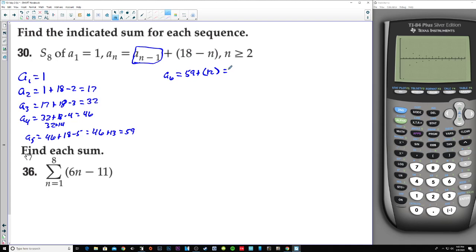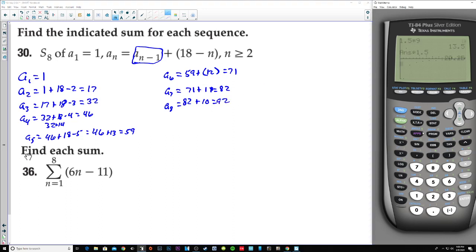So that's 71. A sub 7 is 71 plus 11, which is 82. And a sub 8 is 82 plus 10, which is 92. Let's add that up.